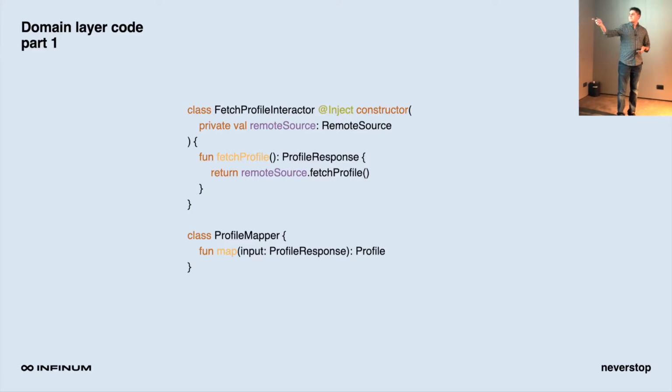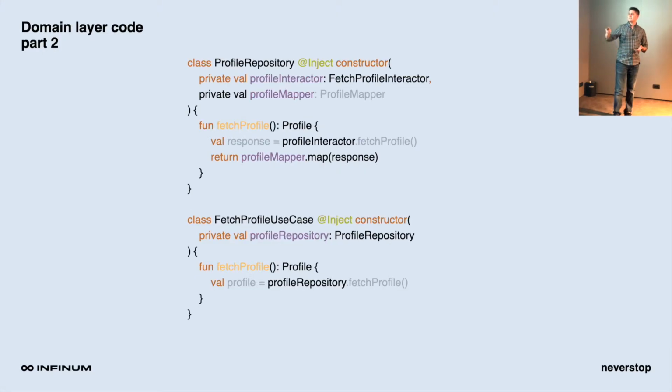So I create a class called mapper. And then I'm going to map the data object, so response, into a domain object, which I called profile. Next, and this is still the domain layer, we have repository, and the repository is a class that actually uses all these things. So it actually injects the interactor and the mapper and exposes a profile in some function.